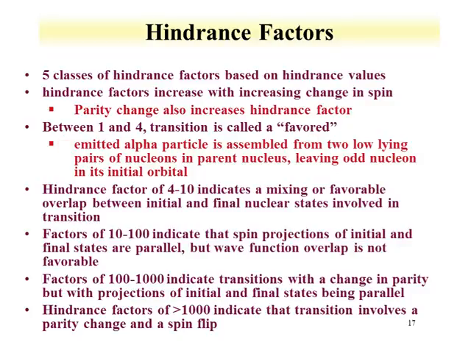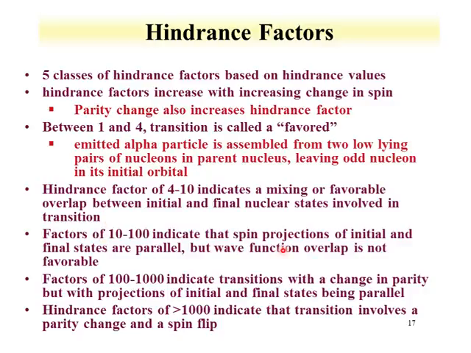Hindrance factors between 4 and 10 indicate a mixing or favorable overlap between initial and final nuclear states. 10 to 100 usually means that the spins of the initial and final states are going to be the same, but the wave function overlap is not favorable.